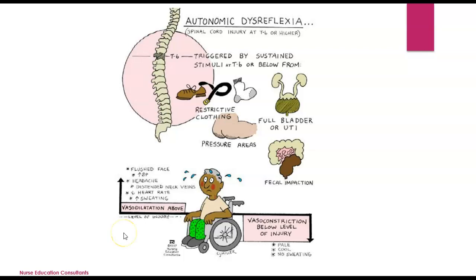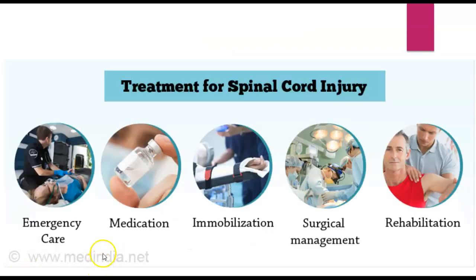And then know that once we have them stabilized, our patients enter into the rehabilitative stage of spinal cord injury care. So steroids and possibly osmotic diuretics are used.